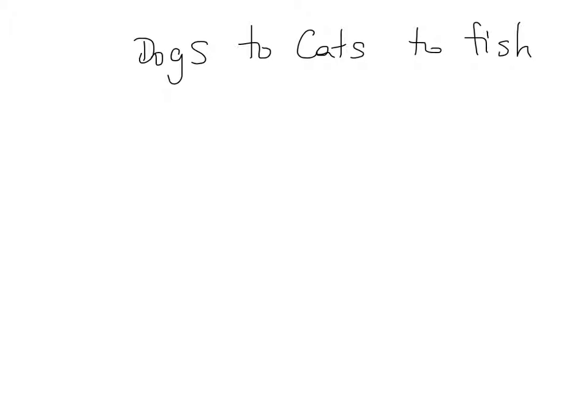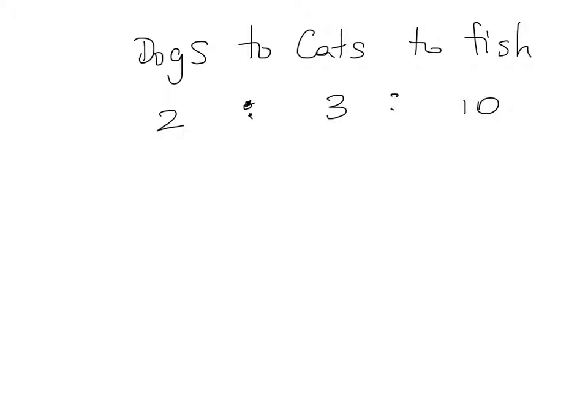Alright, so if I said to you that the ratio of dogs to cats to fish is 2 to 3 to 10, that means for every 2 dogs, there are 3 cats and 10 fish.